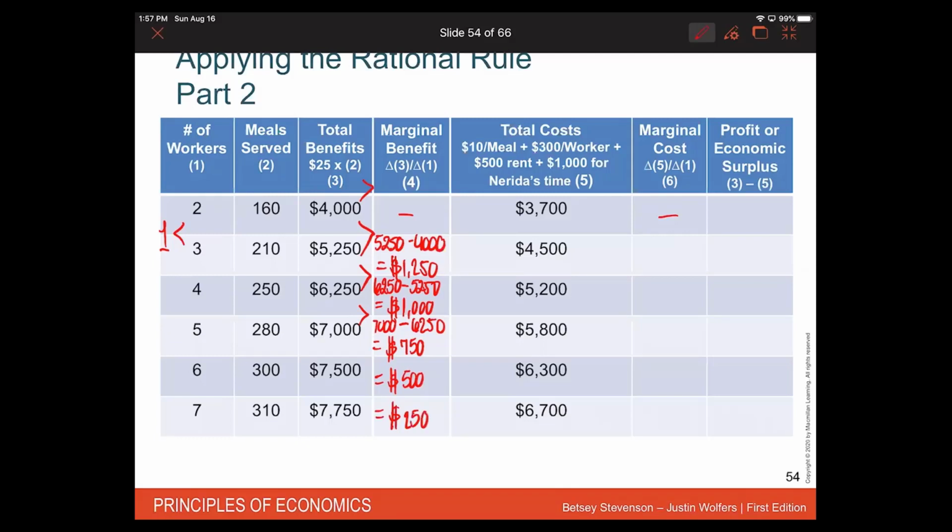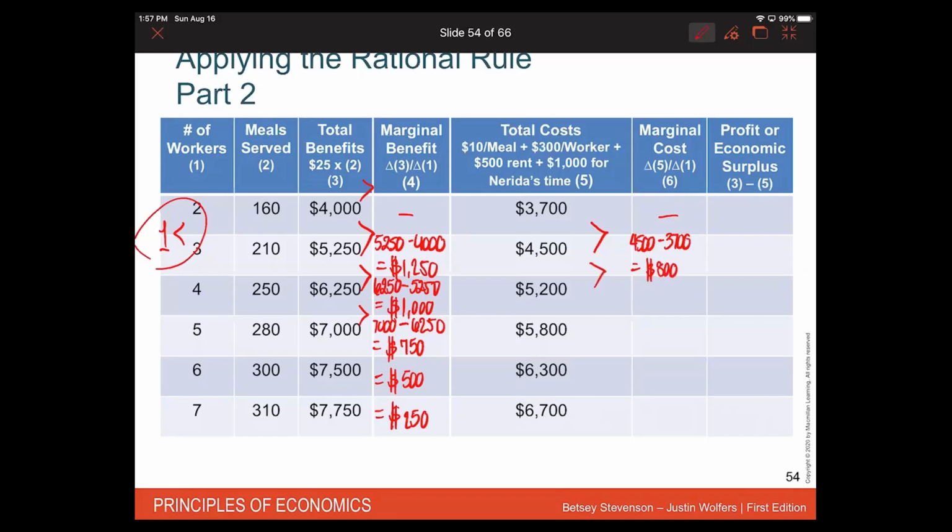Now let's find the marginal cost. Similar to marginal benefit, we just need to find the change in total cost. Again, we don't have to worry about the change in workers because it's only changing by 1. Now, the difference between 4,500 and 3,700 means that the marginal cost of 3 workers is $800.